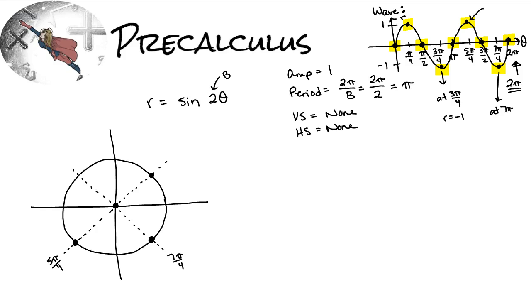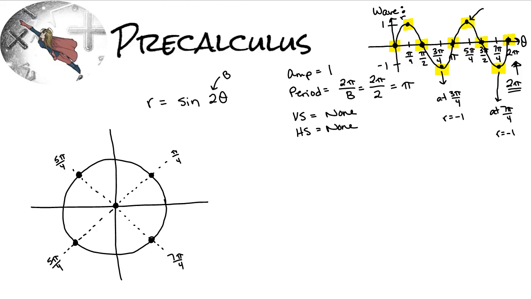It's saying that the wave is showing us that the r is -1, so that flips it, it reflects it again, 180, so that puts a point right over there. And I'll label these too. So this was 5 pi over 4, and this is pi over 4. Okay, now it doesn't look like much, but these are the most important points. So now we look at the movement of the wave.